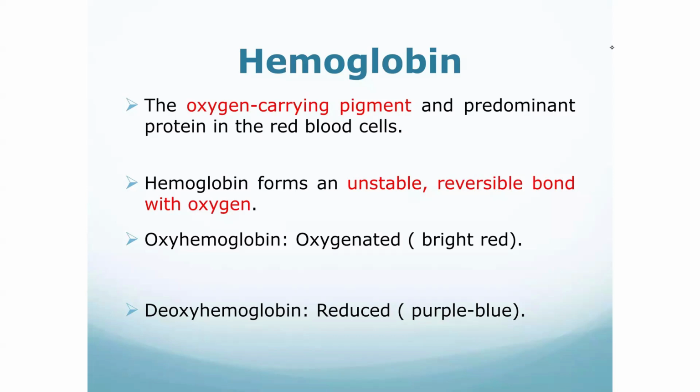When hemoglobin binds with oxygen, it is called oxyhemoglobin, and we call it oxygenated blood. The color is bright red. When the hemoglobin dissociates from oxygen, having delivered it, it becomes reduced, so we call it reduced hemoglobin or deoxygenated hemoglobin, and the color is usually purple blue.